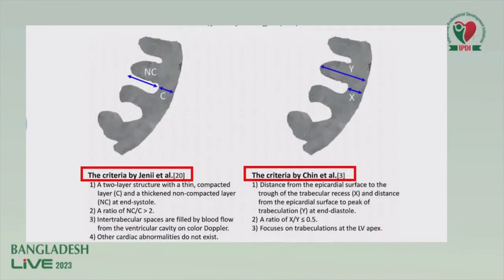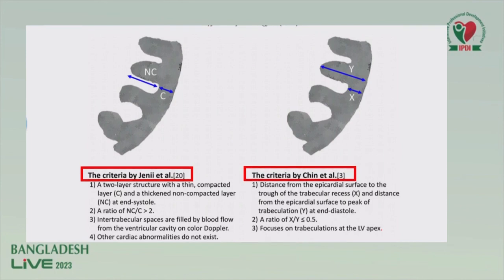Here are the two criteria, Jenni criteria and also Chin et al. criteria. Here are the Chin criteria. It is the diastolic measurement of the non-compacted layer, the intertrabecular space, and also the thickness of the compacted part. Here is the non-compacted part, total of compacted and non-compacted, and X is the only compacted part.